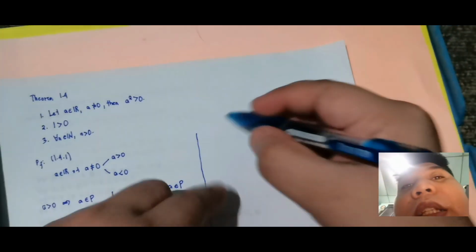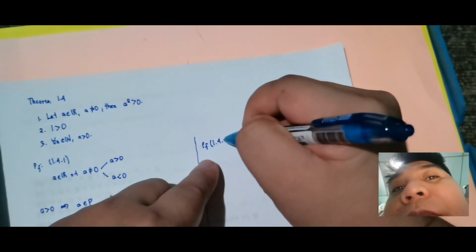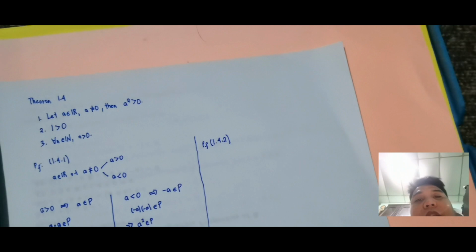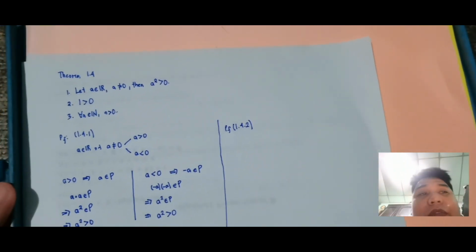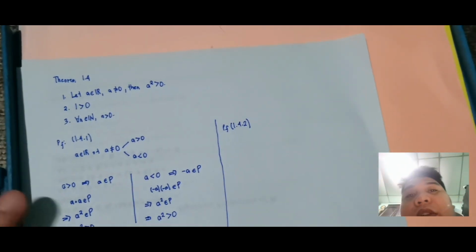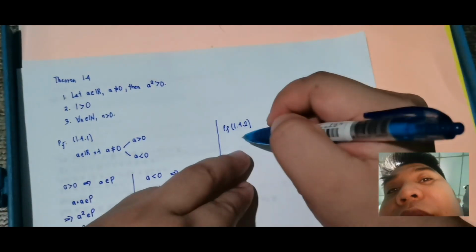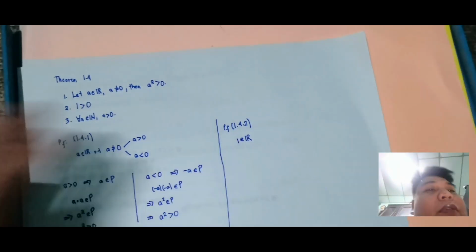Okay, so let us prove theorem 1.4 number 2. Okay, so the obvious, you will prove that 1 is greater than 0. That is true, but here we need to prove it. So, we need to show that 1 is greater than 0. So, we start here. So, 1 is an element of the real numbers.